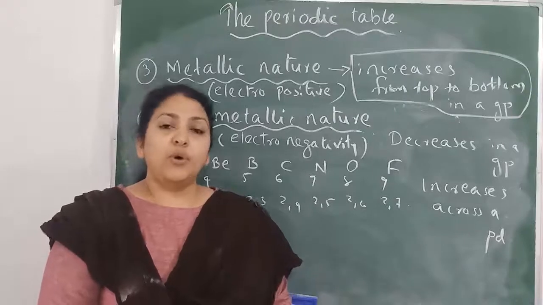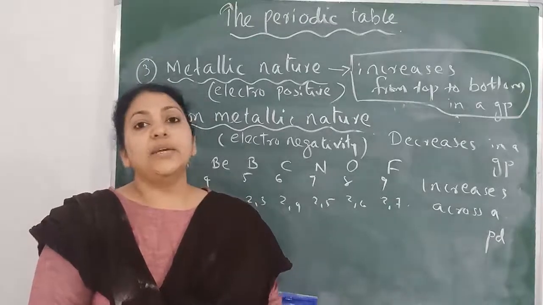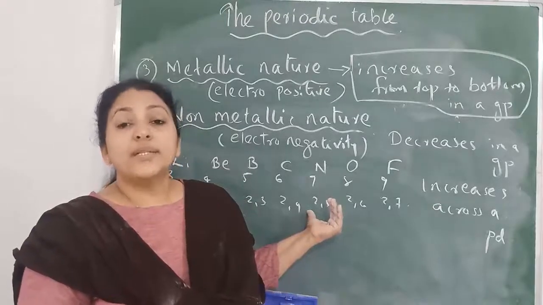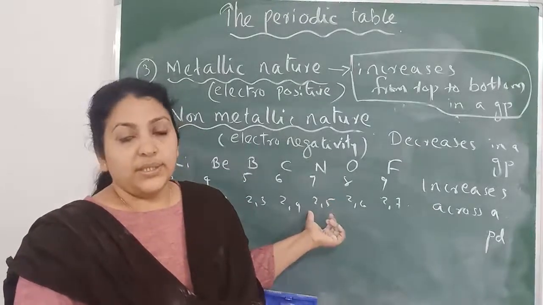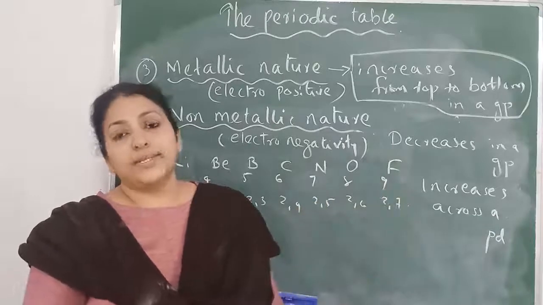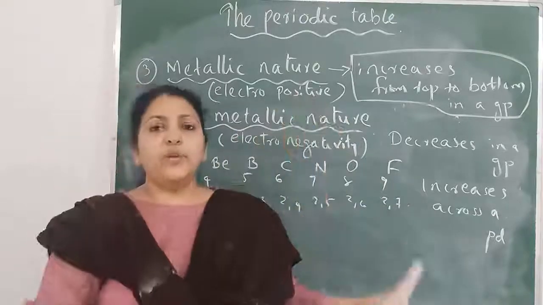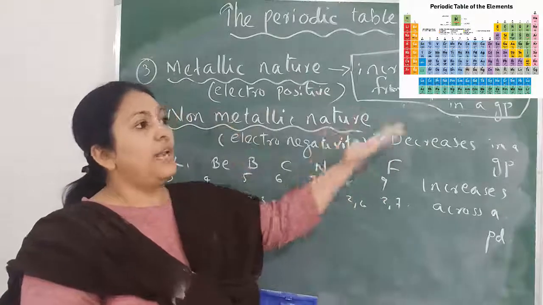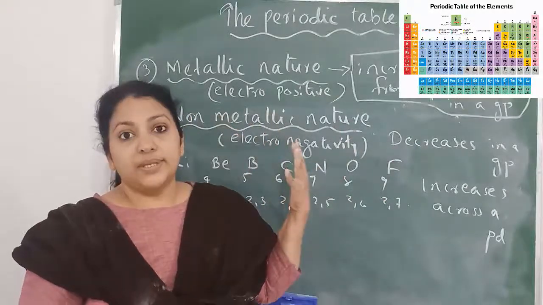Okay, now just one more point to add, that is the nature of the metallic oxides. The metallic oxides are bases, we know that, and non-metallic oxides are acidic. So when you consider the periodic table, you know that the extreme left side of the periodic table is metals, isn't it?